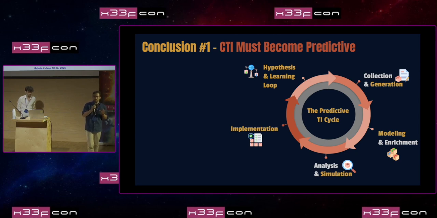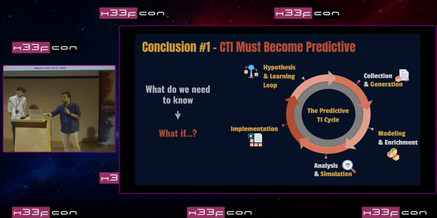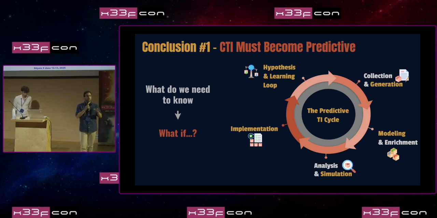First, we started with hypotheses, because we are emphasizing the importance of asking questions about future threats. We don't just ask ourselves what we need to know, which is important, but we also ask what if. What if a threat actor starts using this tool or this technology in a different way, in a way that we haven't considered yet?